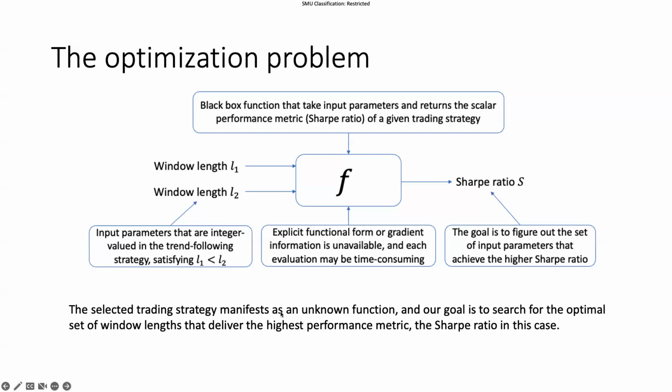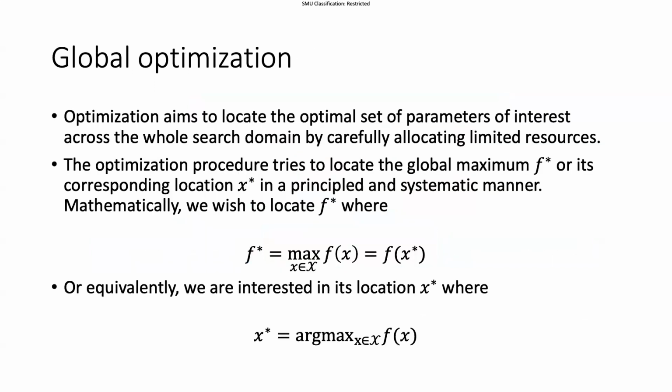So this is the overall process of viewing the trading strategy as an optimization problem. Specifically, this falls into the global optimization scheme, where our goal is to locate the optimal set of parameters of interest.